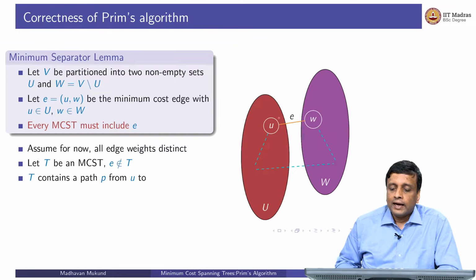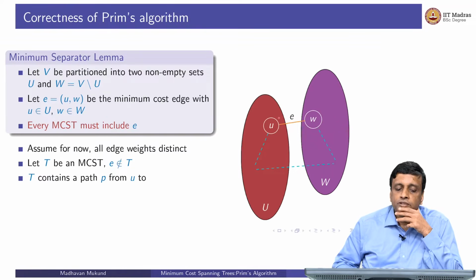So supposing we have a tree which does not include this edge, right? So the tree that does not include this edge, because it is a spanning tree, connects the entire graph, right?